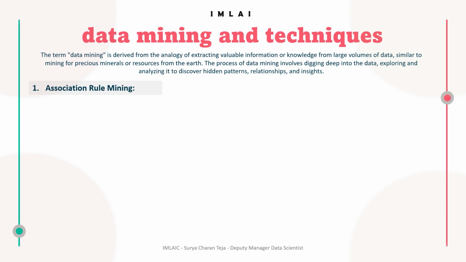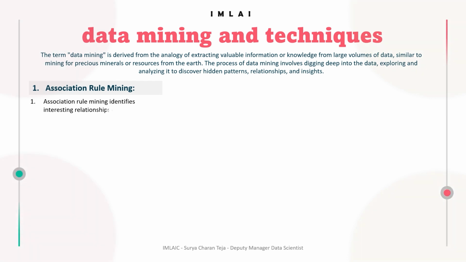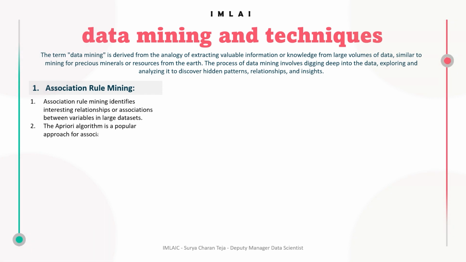The Apriori algorithm is a popular approach for association rule mining, and under EDA, exploratory data analysis, we have explored association rule mining and done one example project using the Apriori algorithm. You can just watch it there in exploratory data analysis.